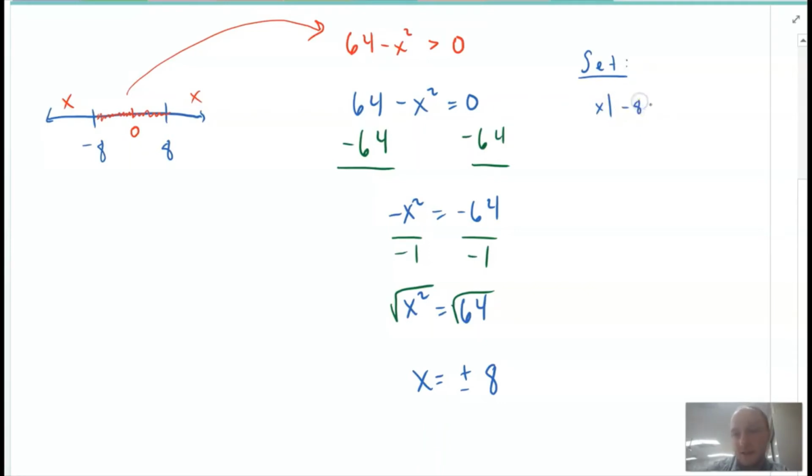So -8 is less than x, which is less than +8. Okay, and in interval notation, that would be -8 to 8. Again, parentheses, right? We're not including the 8s. They produce an argument where it is 0.